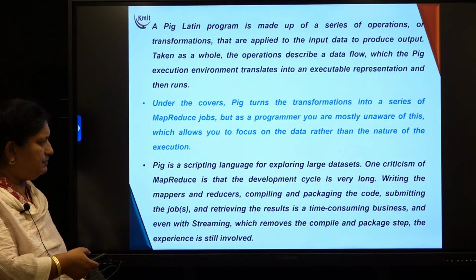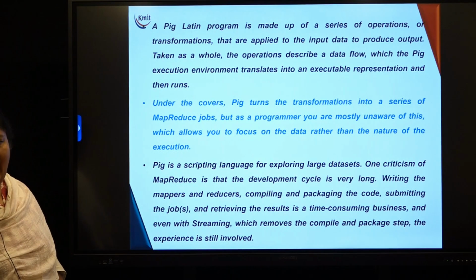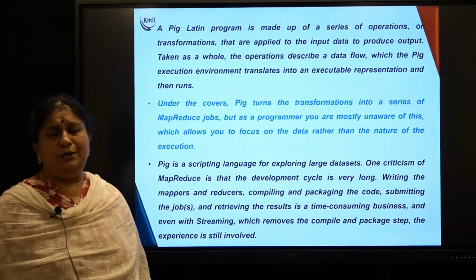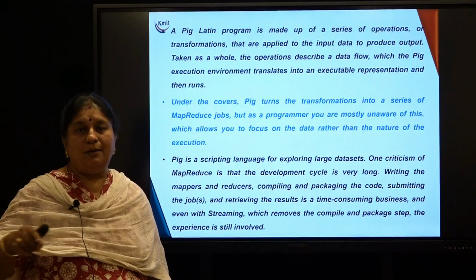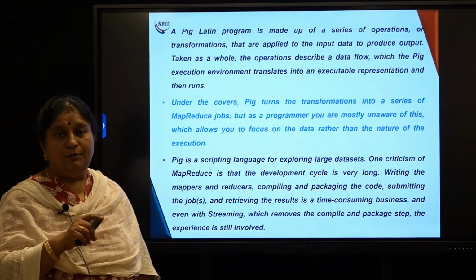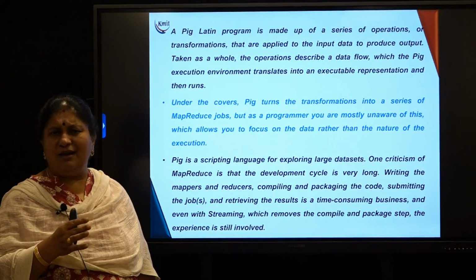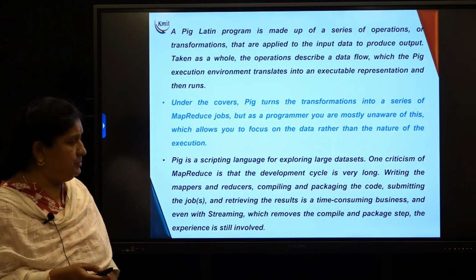You need to write a mapper, you need to write a reducer, you need to write a driver, then you need to add the external jars, then you need to export the file as a jar file, then you need to remember a big command for executing the MapReduce program. You need to know where your input file is, where the output file is, etc. These are the complexities which generally people feel with MapReduce.